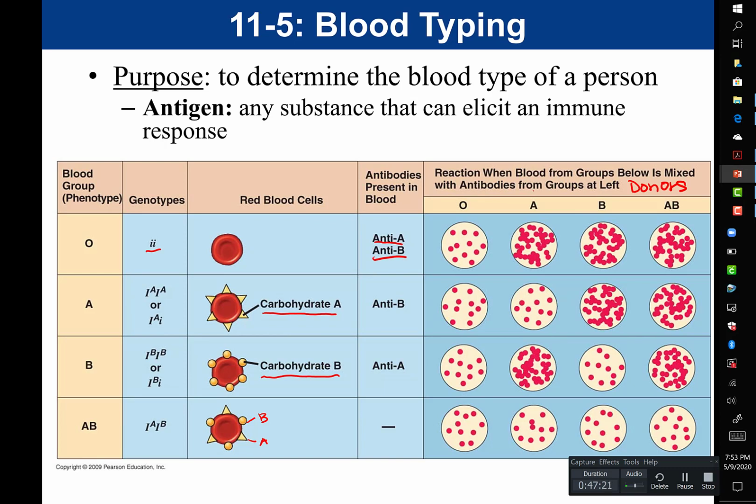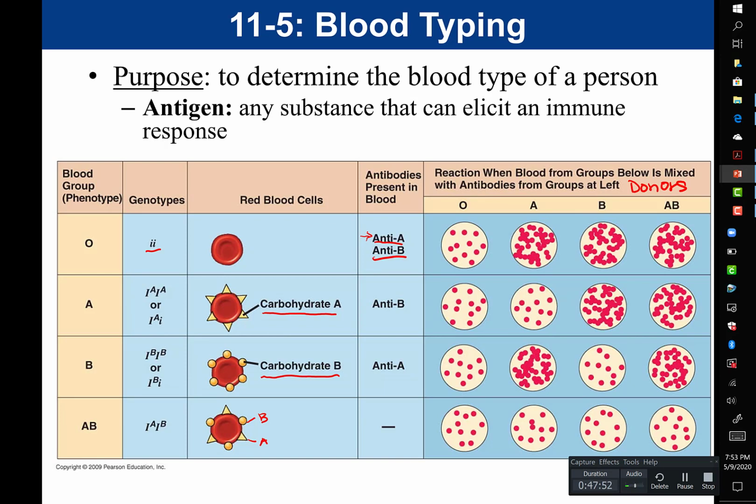However, if the recipient is O and the donor is A, if somebody who's type A blood donates to somebody who's O, we get what's called hemagglutination. And you'll see this on the next slide, meaning that the red blood cells will clump together. The reason that somebody who's O cannot receive A is that this person who's O makes anti-A antibodies.